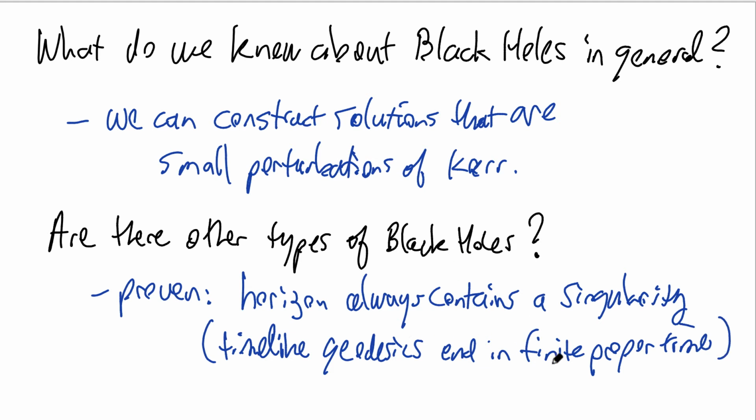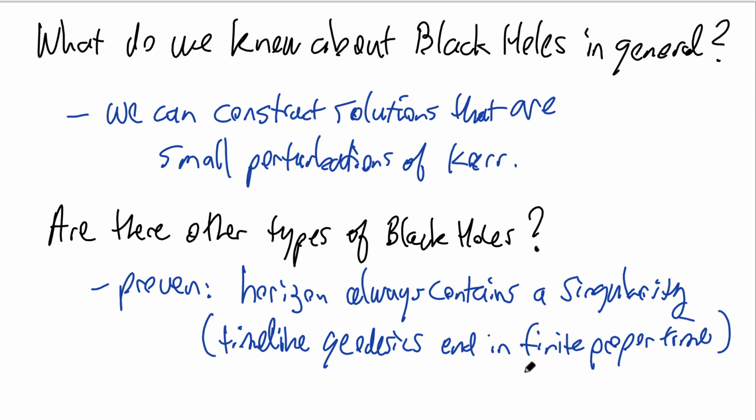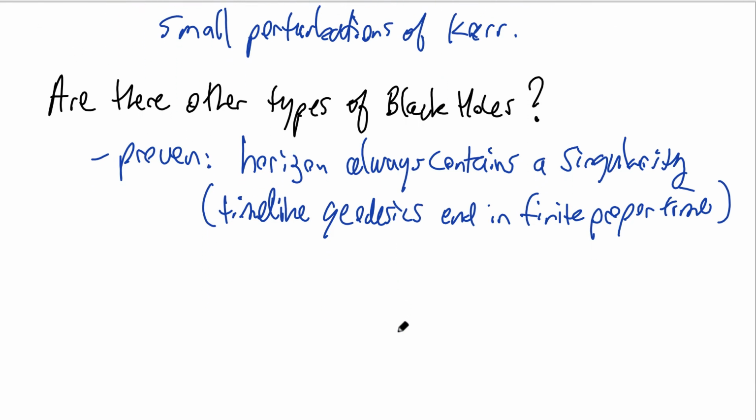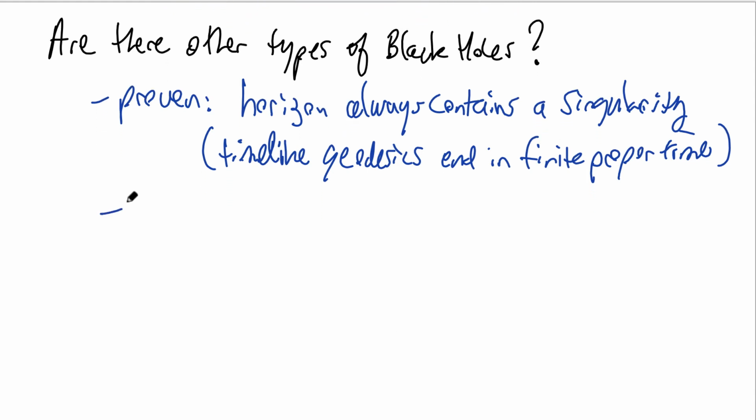So, of course, our generic examples of the Kerr black hole, Kerr-Newman, and Schwarzschild all have the time-like geodesics ending at a curvature singularity. Moreover, we don't know of any cases of a horizon that contains a non-curvature singularity, so it appears likely that all horizons contain a curvature singularity.